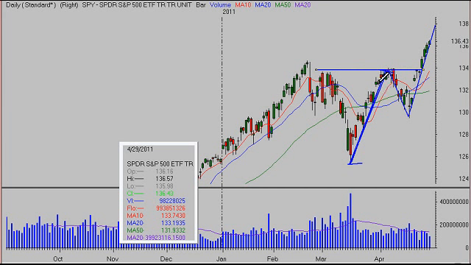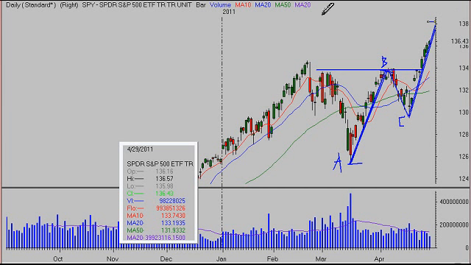The other way to look at it would be from point A to point B, and then we get our pullback, which is point B to point C, and that gives us an upward objective of point C to point D. That gives us a much more conservative upward target of 138.18 or so, 138, let's just call it.